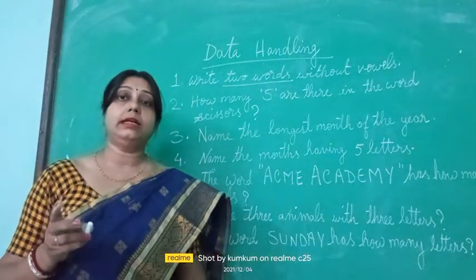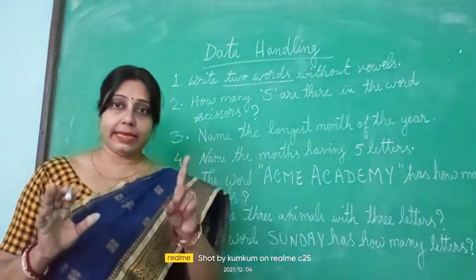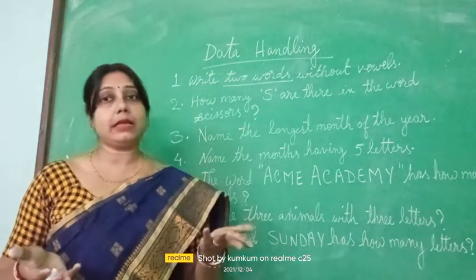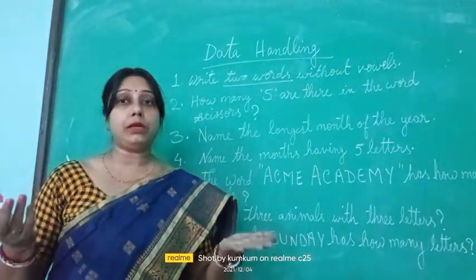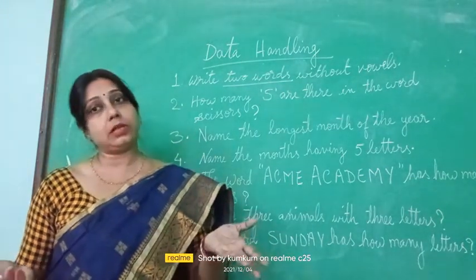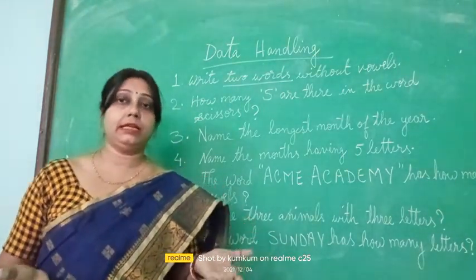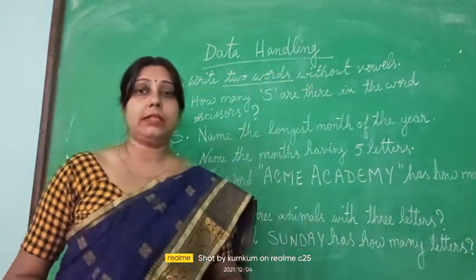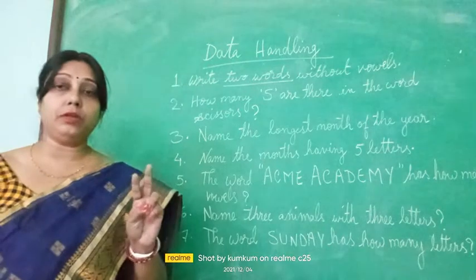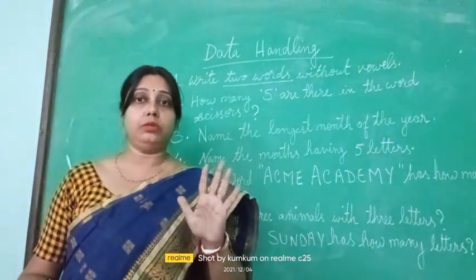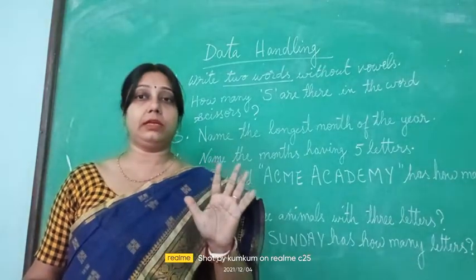We know that there are 5 vowels: A, E, I, O, U. You may be asked how many vowels are there, how many consonants are there, name them. So these are also part of data handling. So now here you are asked to write two words without vowels. That means the two words where you will not use these A, E, I, O, U. You are not going to use these 5 letters.